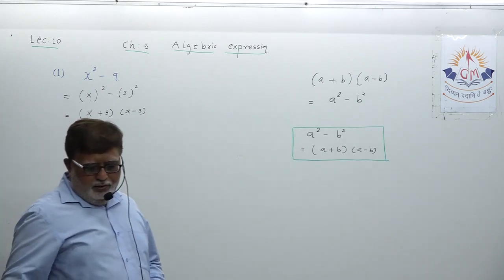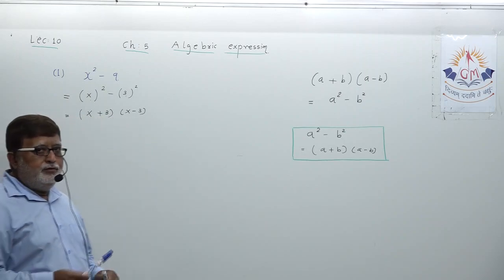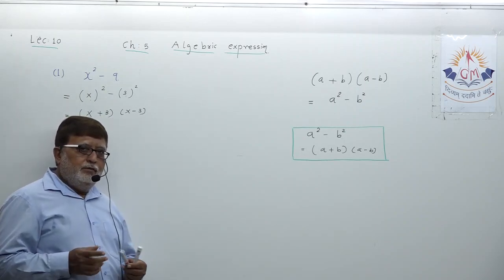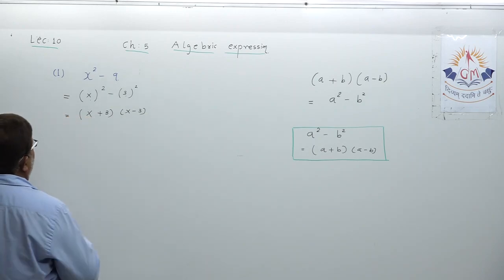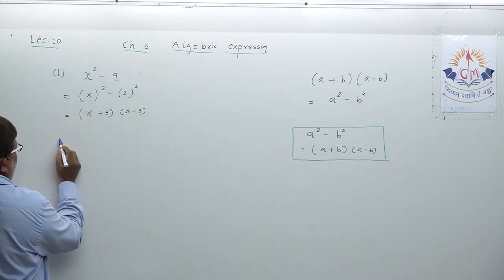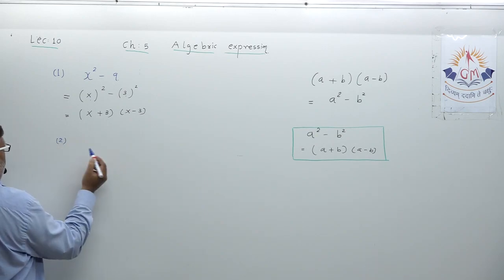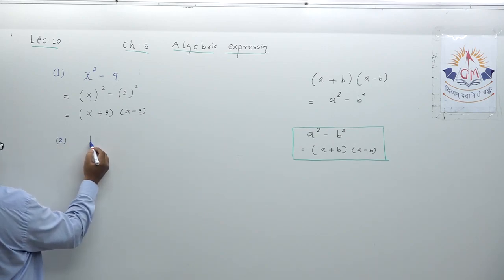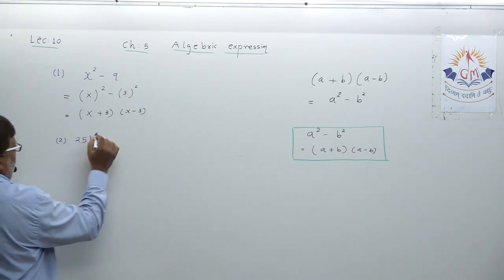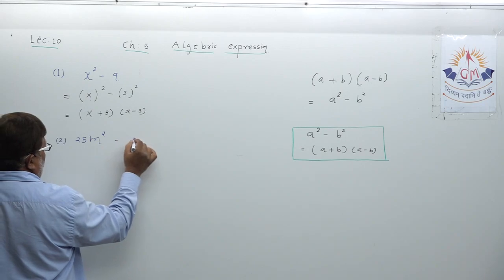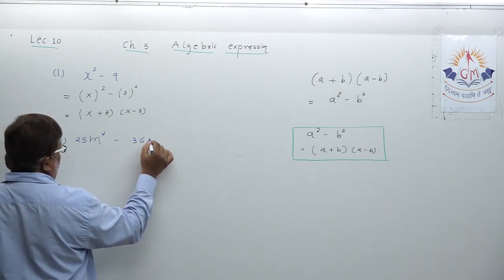But dear students, whenever you apply any identity, be very conscious and very sure. Second one, let me take one more example for you. Suppose it is given like 25m square minus 36p square.